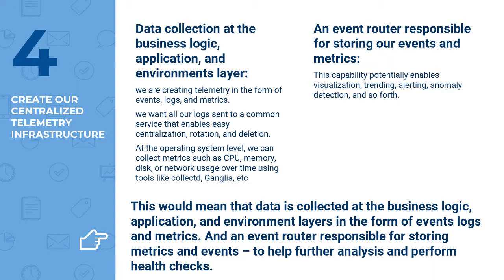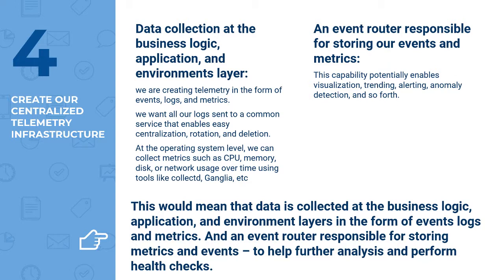At the operating system level, we can collect metrics such as CPU, memory, disk, or network usage over time using tools like CollectD, Ganglia, and many others. An event router is responsible for storing our events and metrics.